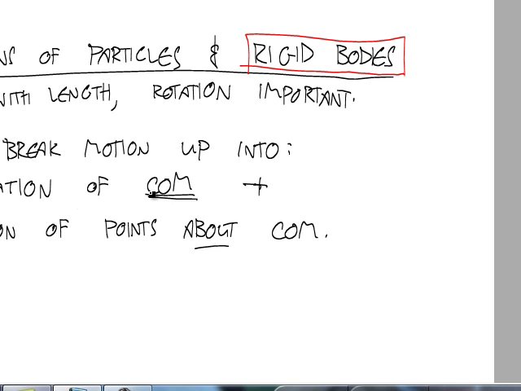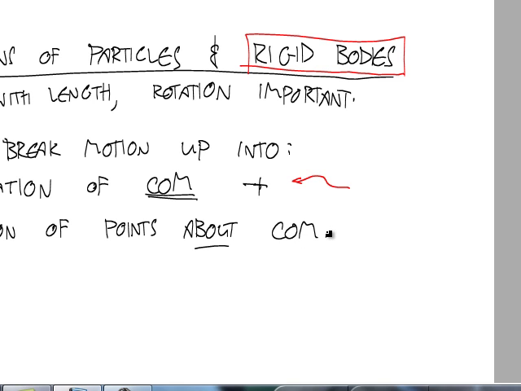Can you think of a reason why we're usually going to look at the translation of the center of mass? This came up in passing when I introduced Newton's second law. There's an important aspect of Newton's second law for collections of bodies that makes this useful.